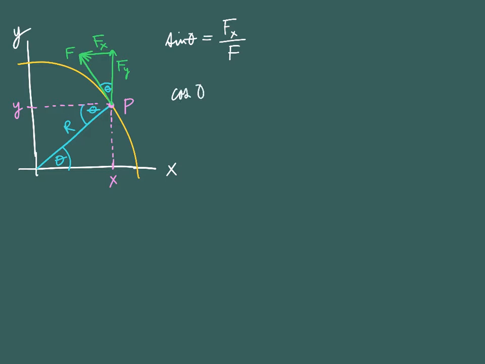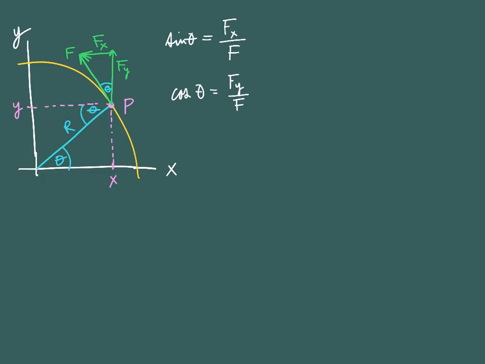The cosine of theta would be the y part over the force itself because it's adjacent to the y part. So sine is opposite over hypotenuse, cosine is adjacent over hypotenuse.